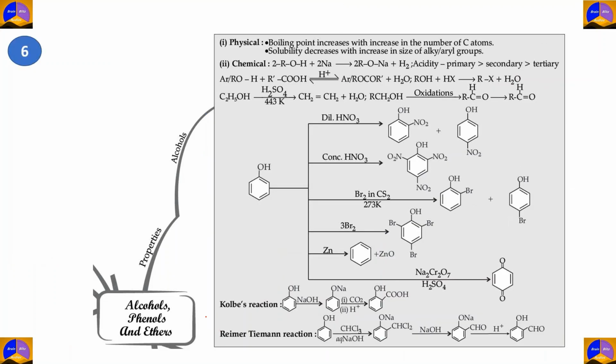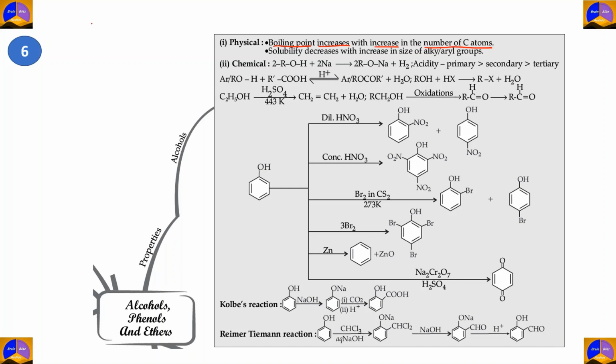So as we said before, we've now jumped into properties of alcohols. Now this section contains both alcohols and phenols. Let's look at physical properties. The first property states that boiling point increases with increase in the number of C atoms.